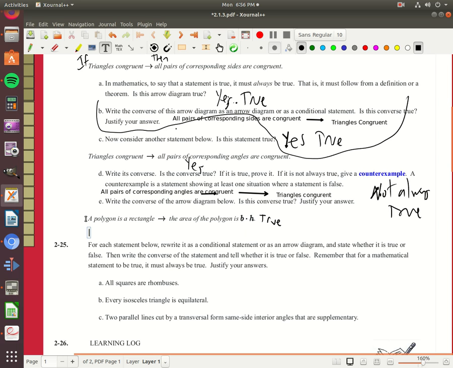The converse would say the area of a polygon is base times height, and we'll essentially say that means the polygon is a rectangle.